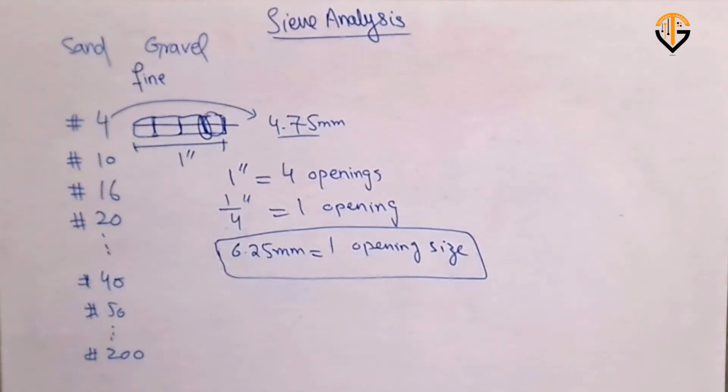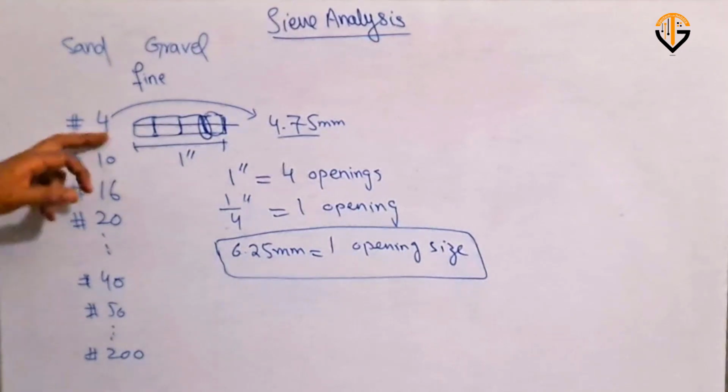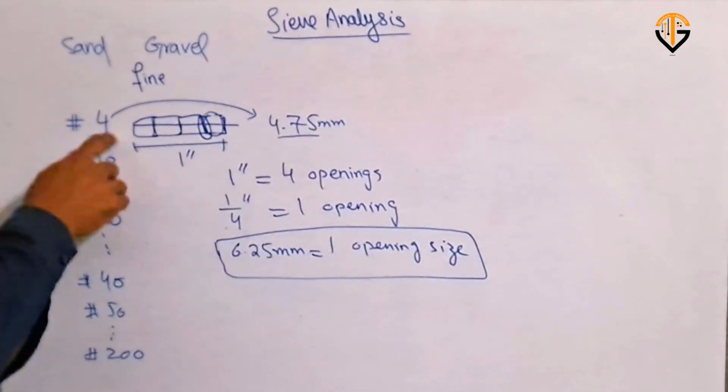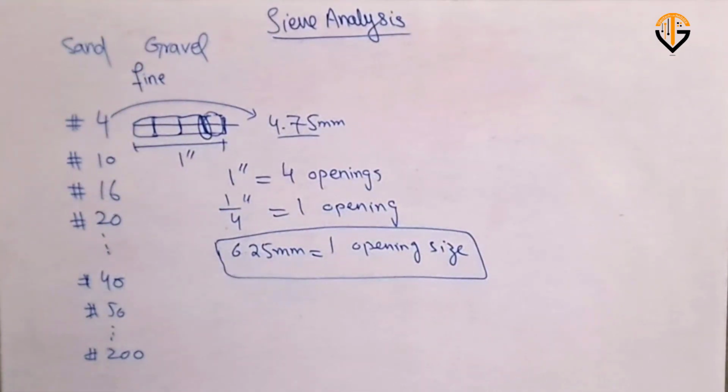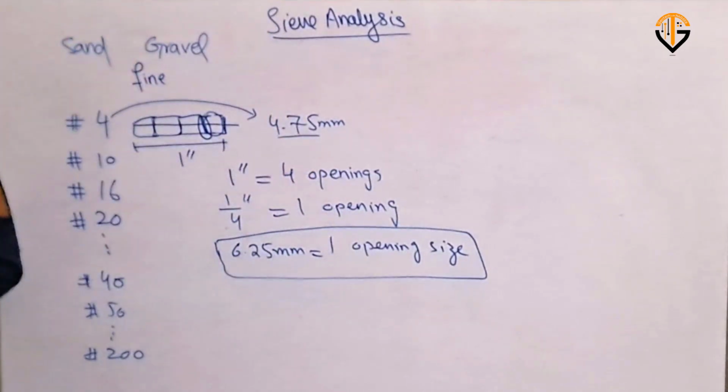In terms of sieve number, I can define gravel content as the particles which are retained on sieve number 4. It is the same definition as in our previous video: particles having size greater than 4.75 mm are known as gravels.